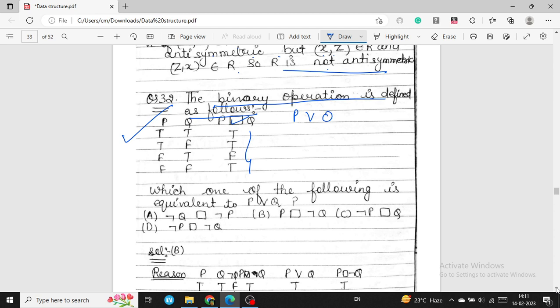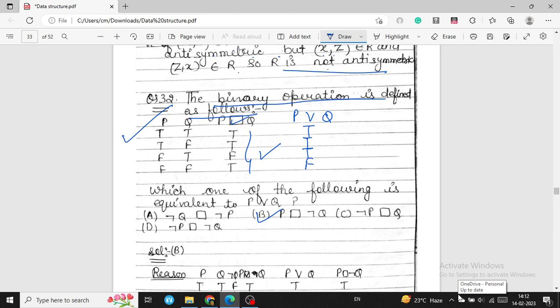P or Q means: true, true gives true; true, false gives true; false, true gives true; and false, false gives false. That is the rule of OR. Now you have to find out, out of these statements and results, which result will match. The answer is B.